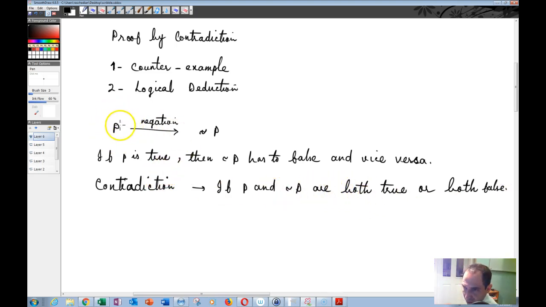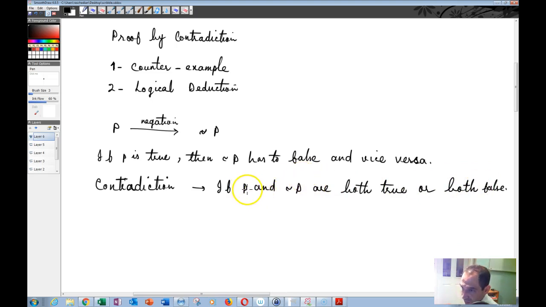If P is true, then not P of course has to be false, and if P is false, then not P has to be true, because P again is the negation of not P, and not P is the negation of P. So they cannot simultaneously have the same condition, meaning that both of them cannot be either true or false.